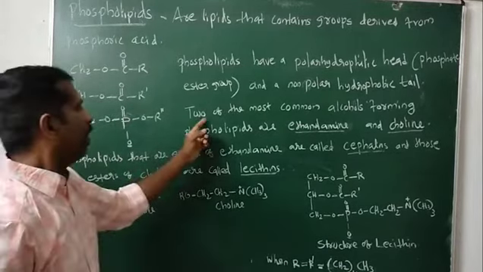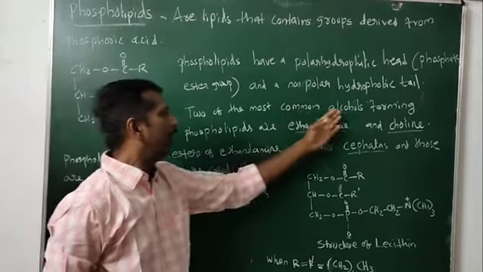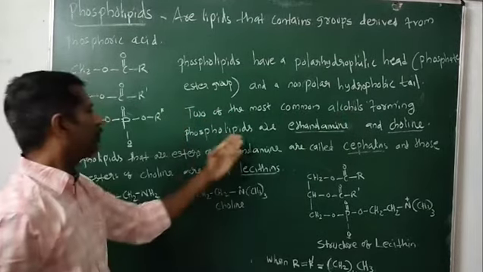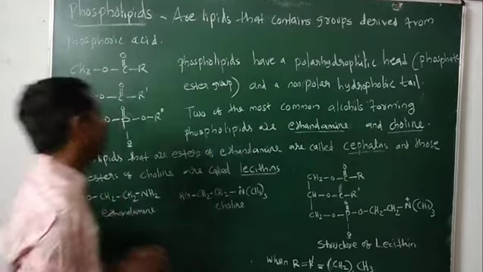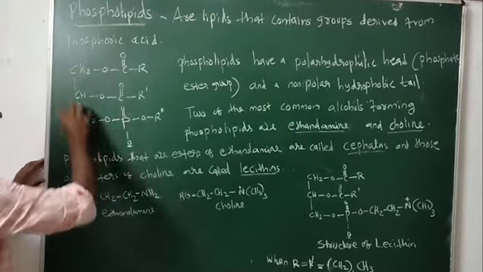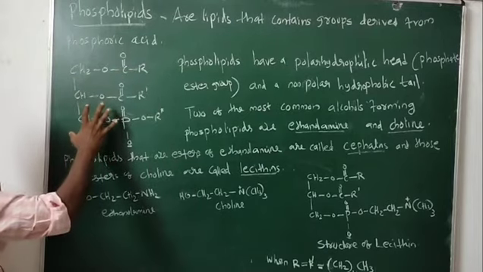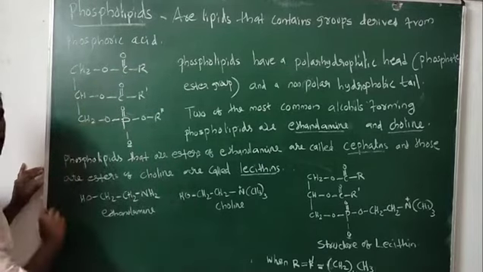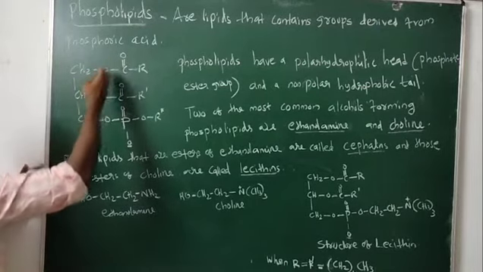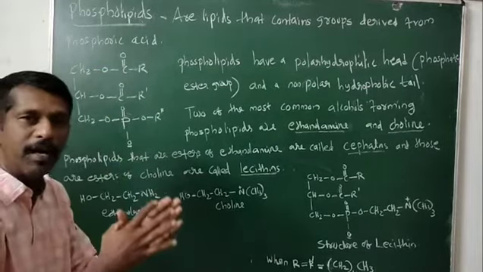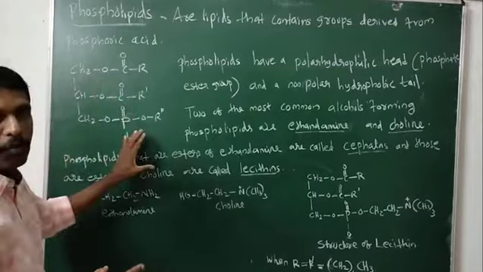Two of the most common alcohols forming phospholipids are ethanolamine and choline. We know that this is an ester. A phospholipid is an ester. The ester means it is formed from an alcohol and a carboxylic acid.